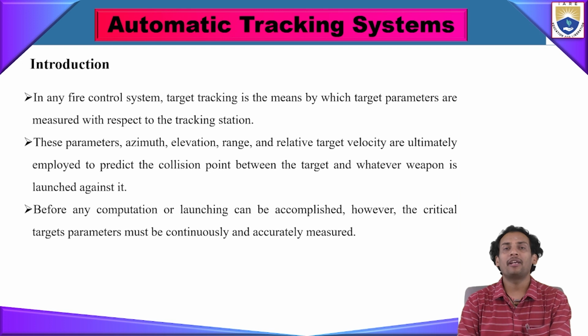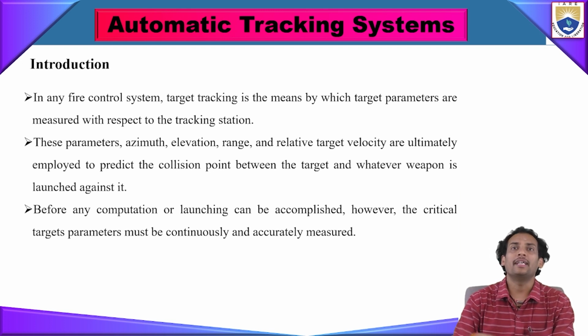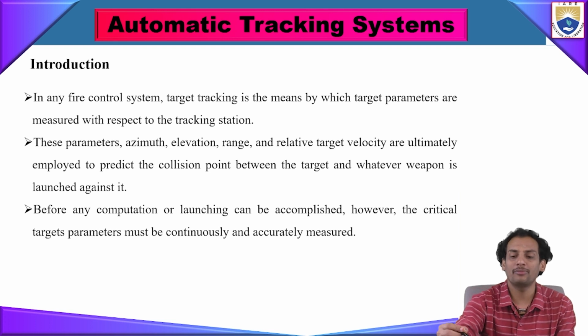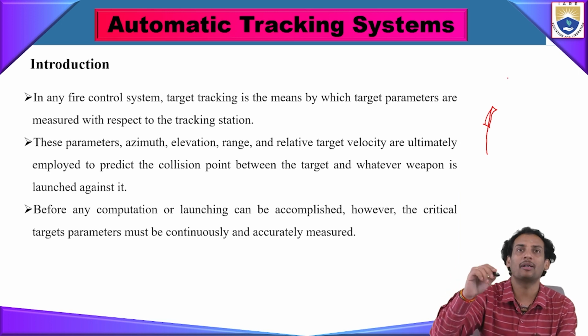The parameters we are considering are azimuth, elevation, range, and relative target velocity, which ultimately predict the collision point between the target and the weapon launched against it. Azimuth and elevation matter when we are planning a missile launch.